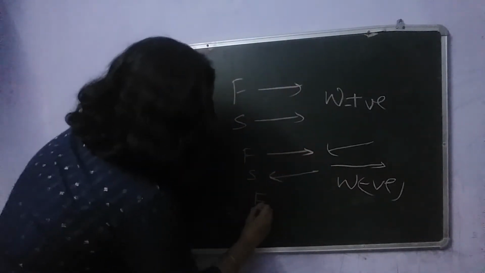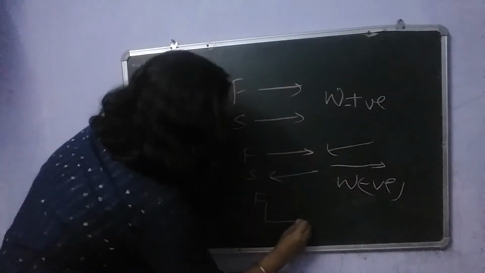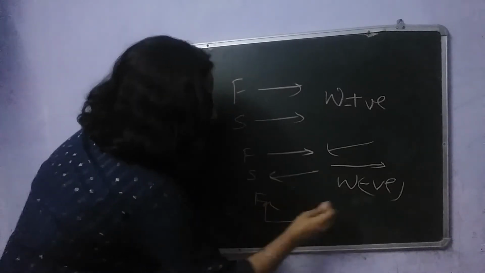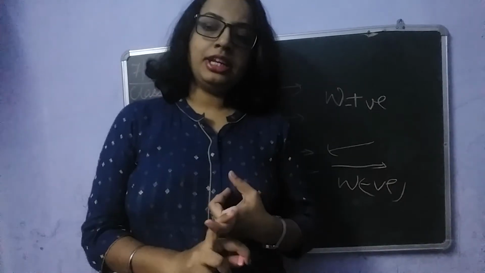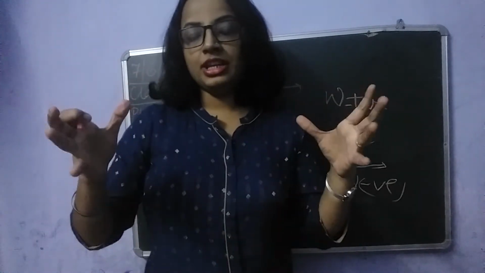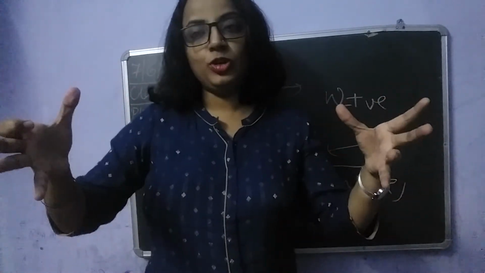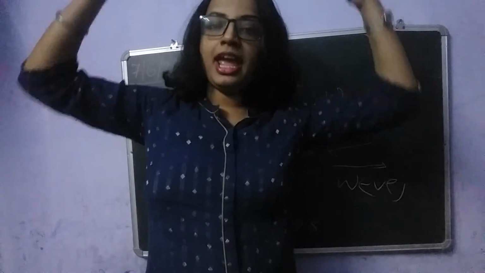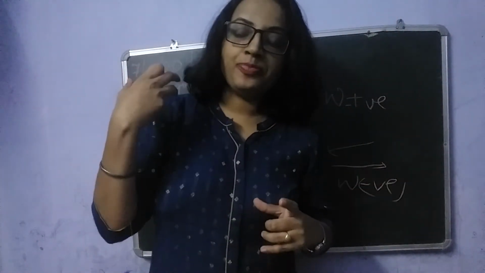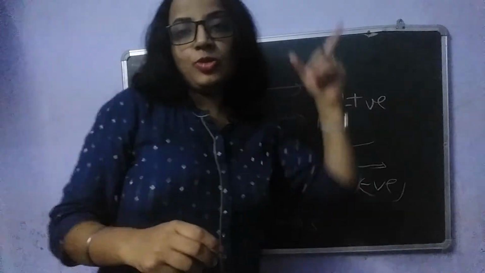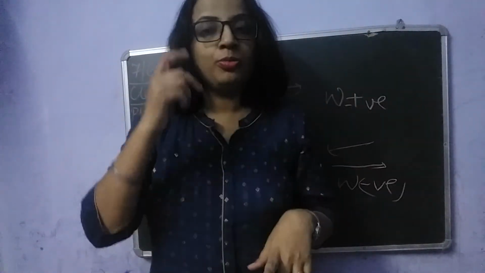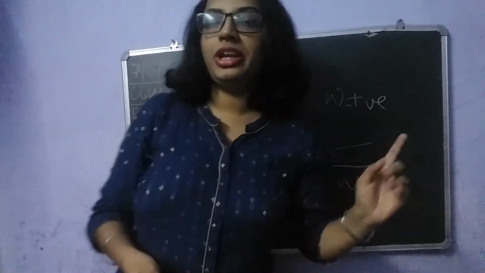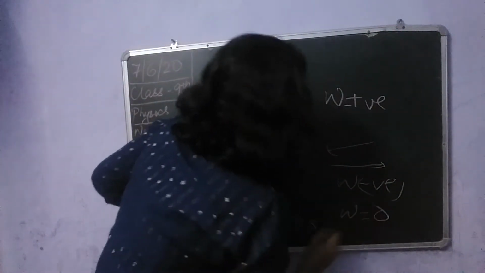Force and displacement are perpendicular. Take an example, if a person carries a heavy load on his head and he walks, here the displacement and the force are perpendicular to each other, so the work done can be said to be 0.